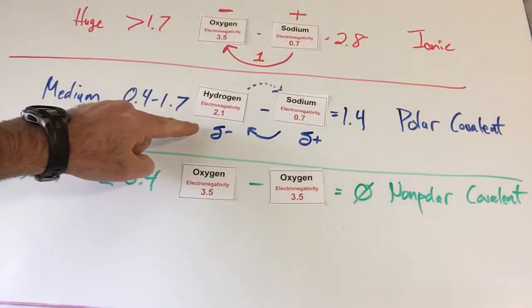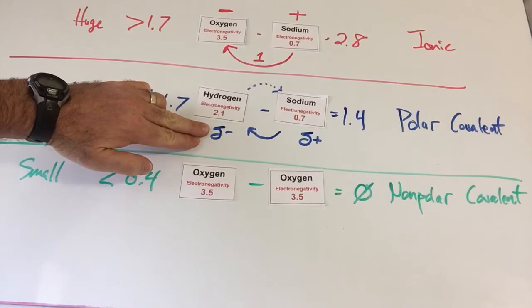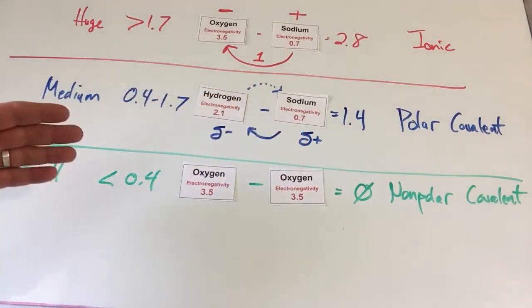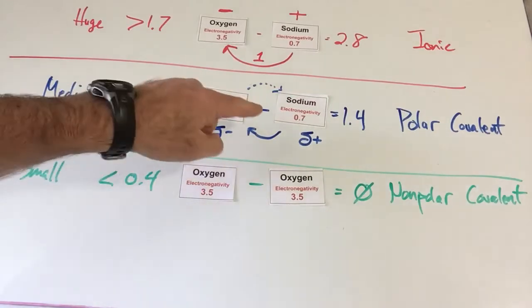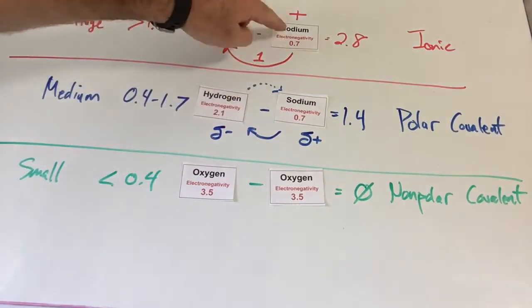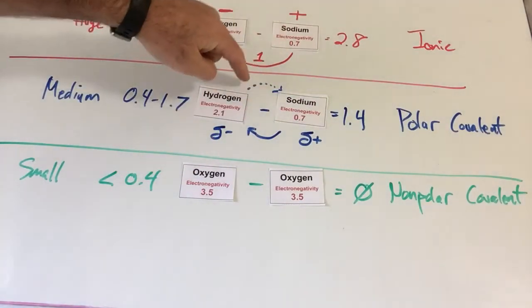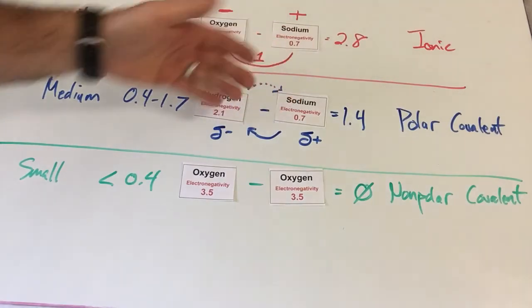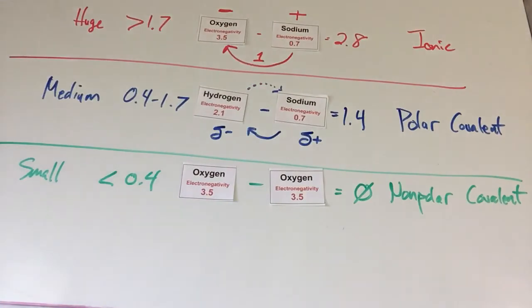And now hydrogen is going to be the negative pole of this polar molecule because it's 1.4 better than sodium. But now, instead of things leaving sodium like in the ionic case, electrons will occasionally circle back around to sodium because the difference isn't that great. And to see it in movies, again, it doesn't matter which I choose down here.